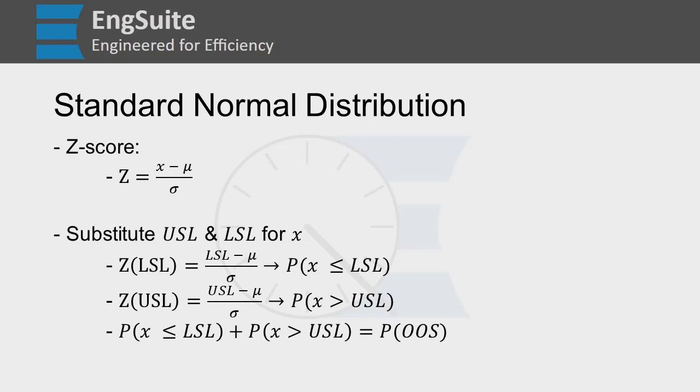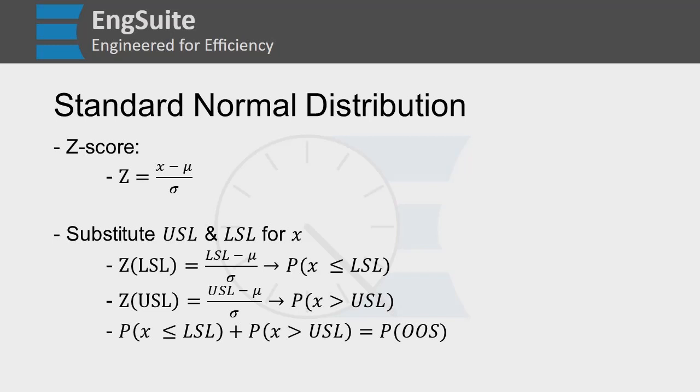Okay, so what happens if we substitute our upper spec limit and our lower spec limit for x? Well, the z-score of the lower spec limit is LSL minus mu over sigma. We can plug that in, and we can get the probability of failing below the tolerance. If we plug in the upper spec limit, we can then use that z to retrieve the probability of failing above.